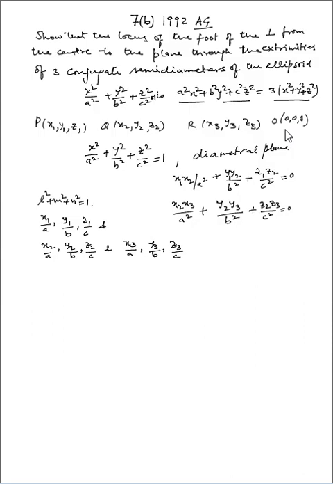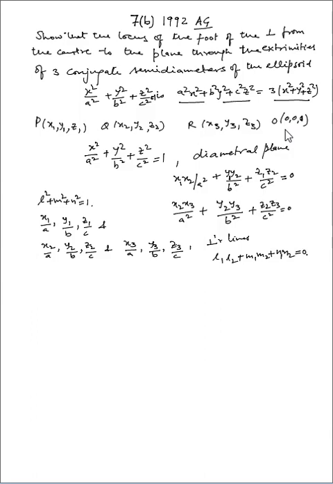And if l1, m1, n1 and l2, m2, n2 are the direction cosines of two perpendicular lines, then for perpendicular lines we can write l1 l2 plus m1 m2 plus n1 n2 is equal to 0.